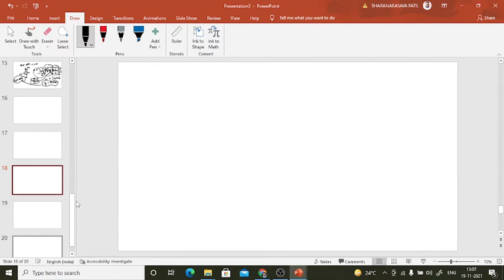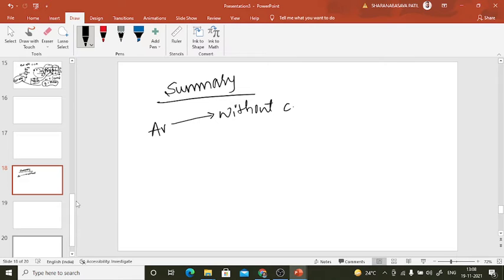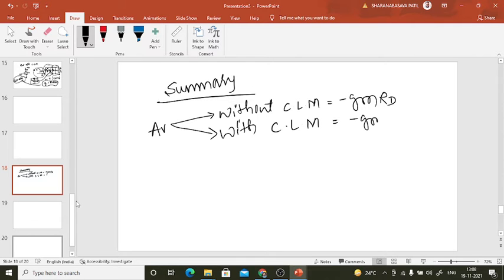So in summary, I will write these four equations that are important. You try to remember this. Gain Av without channel length modulation equals minus gm RD, with channel length modulation equals minus gm RD parallel R0.